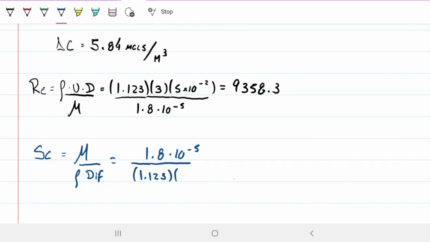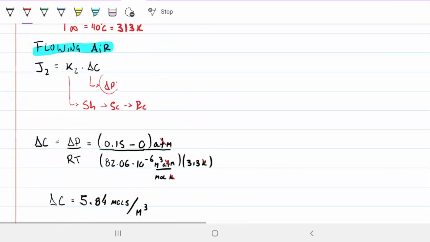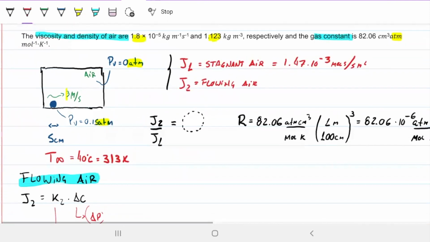But then we don't have the diffusion coefficient. And we can't really move forward without that diffusion coefficient because we need it to calculate Sherwood to be able to calculate K. So we're kind of stuck here.